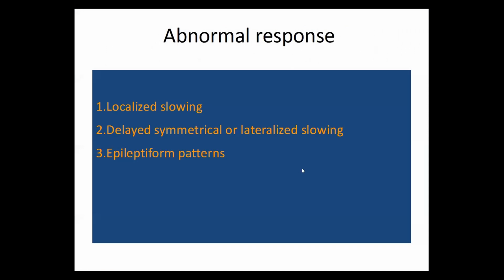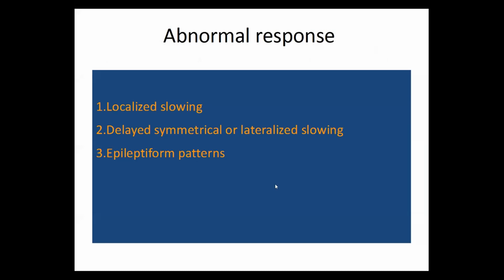So what are the abnormal responses? You can see localized slowing. If you see a generalized slowing, it is normal. But if you see a localized slowing, you can think of an underlying abnormality. Or even if it is lateralized, that means if it is seen only in one hemisphere, it can be an abnormality.